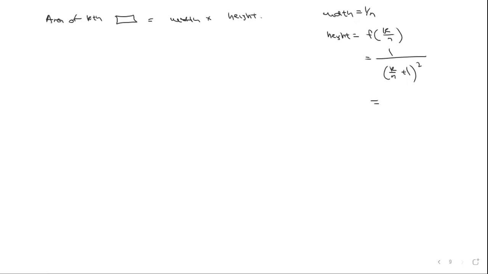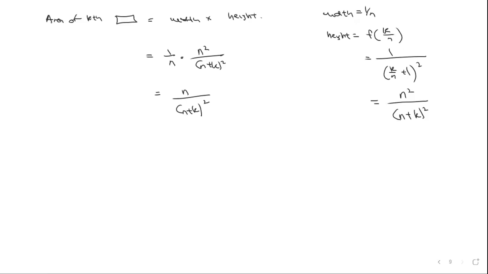If we just multiply both sides by n squared, that means it's n squared over (n plus k) all squared. And then, of course, that means your answer is going to be 1 over n times n squared over (n plus k) all squared, meaning it's n over (n plus k) all squared. Okay. So that is the area of the rectangle.